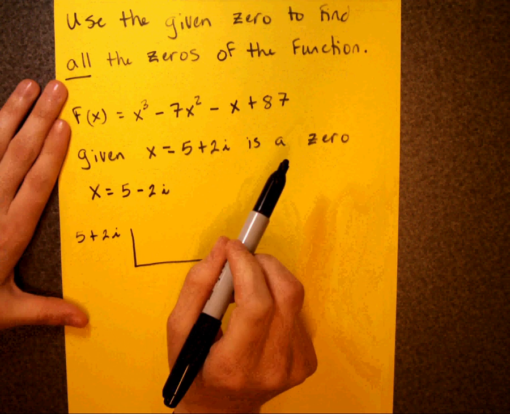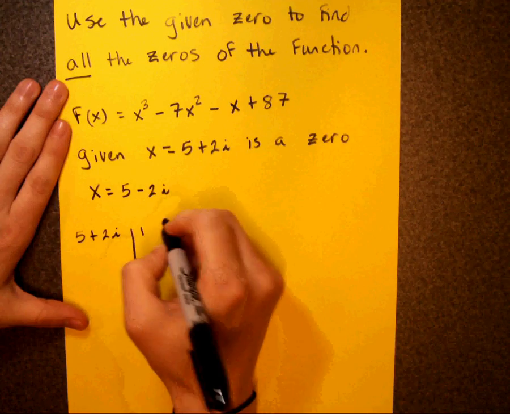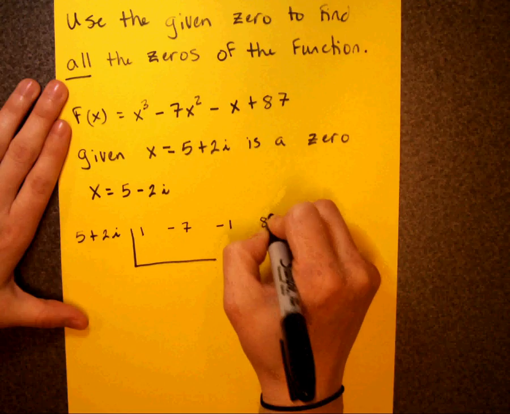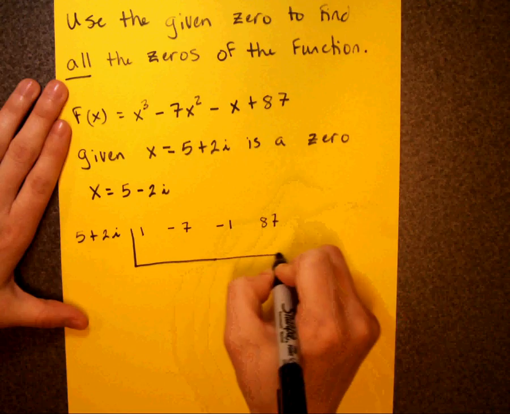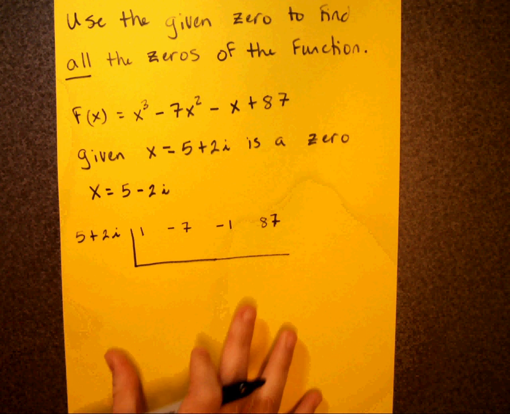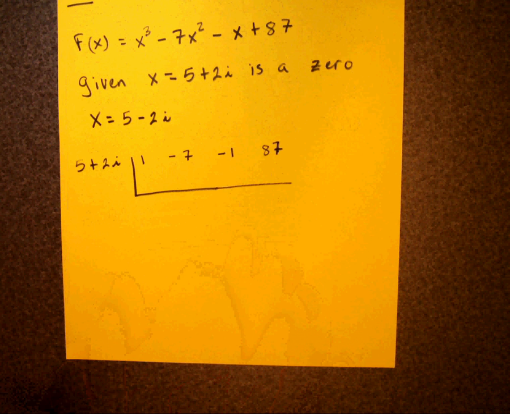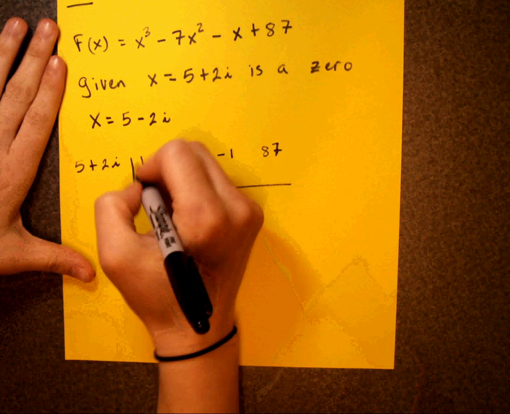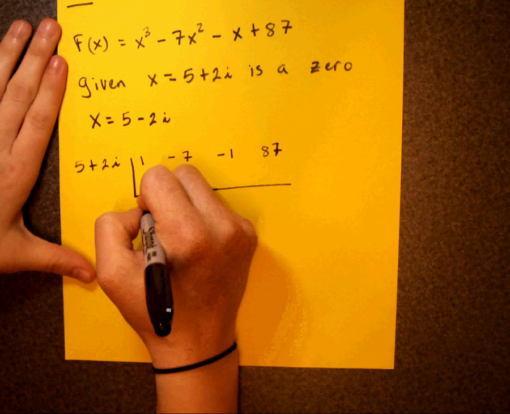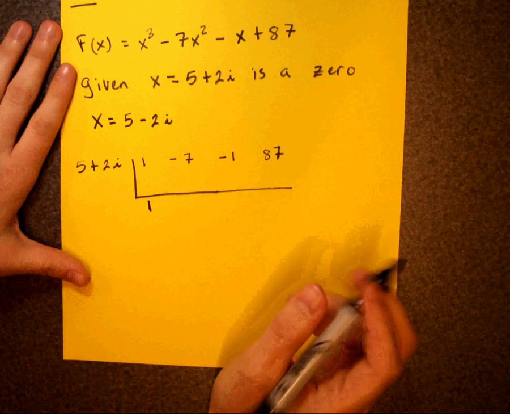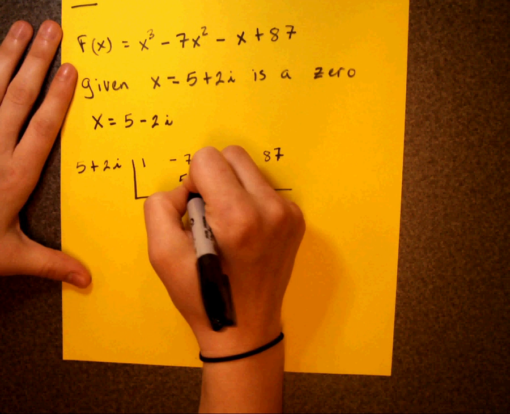So in synthetic division, just using my coefficients, 1, negative 7, negative 1, and 87. And so synthetic division with a complex number works exactly the same as synthetic division with a real number. So I'm going to bring down my first term. I have 1. Multiply 5 plus 2i times 1 just gives me 5 plus 2i.